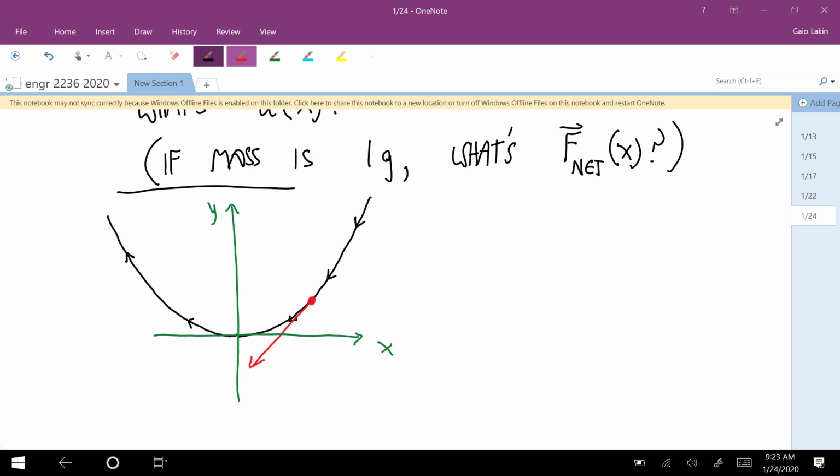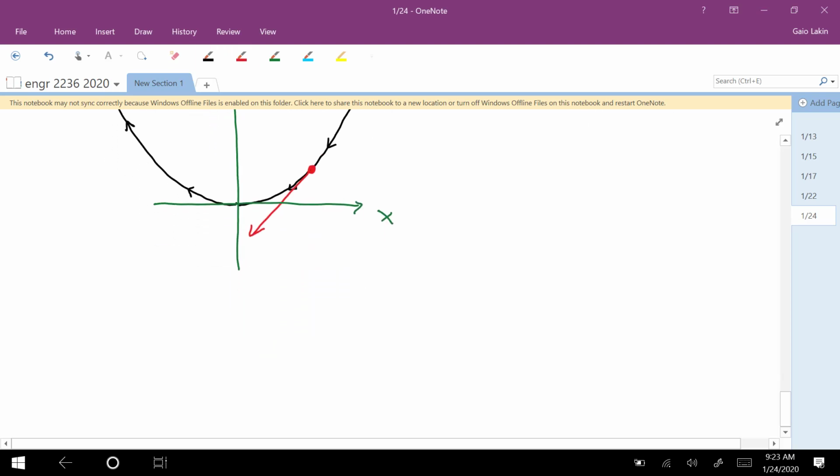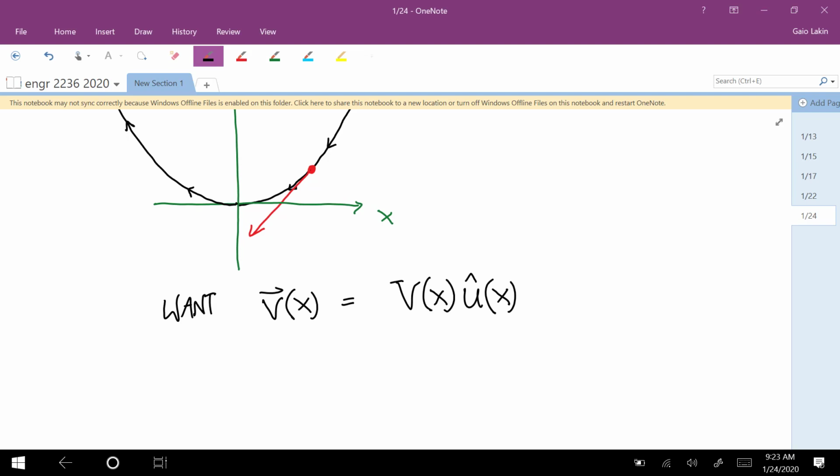And then what we want is the velocity vector as a function of x. And that's equal to the speed, which is a function of x, times the unit vector, which is a function of x. Okay, we already have the expression for the speed. We just need to come up with the unit vector.